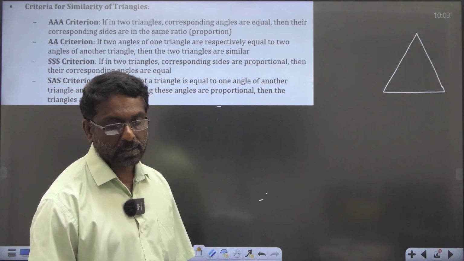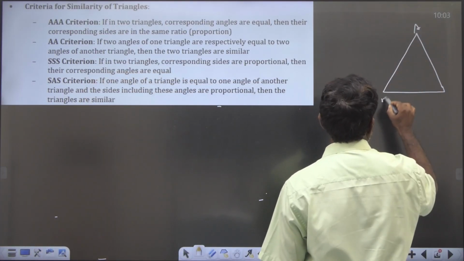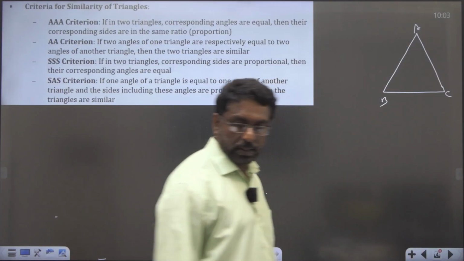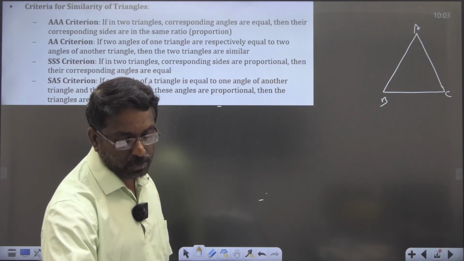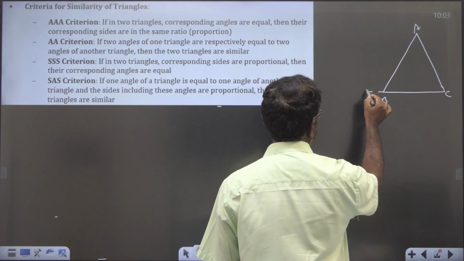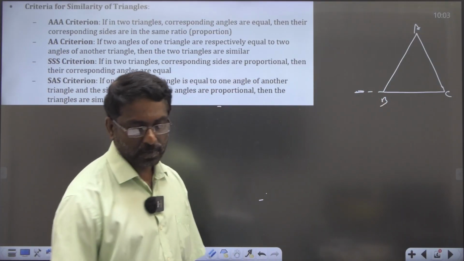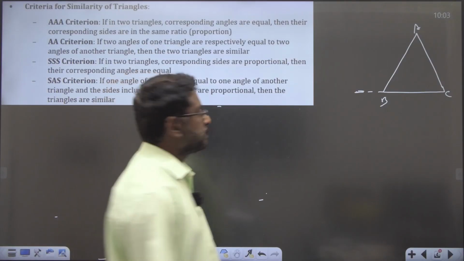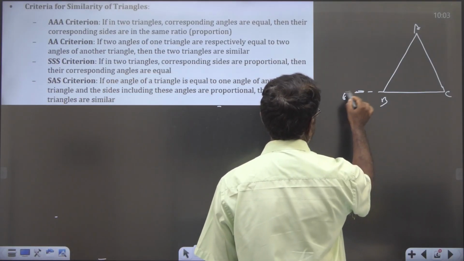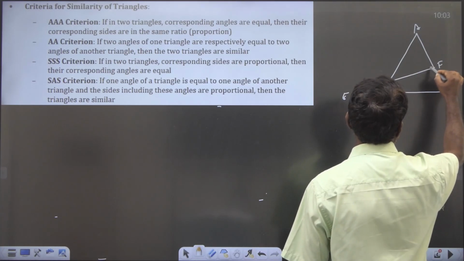This is the isosceles triangle ABC. Also given in the question, CB produced, means like this, to E. Suppose this is E, and this is F.